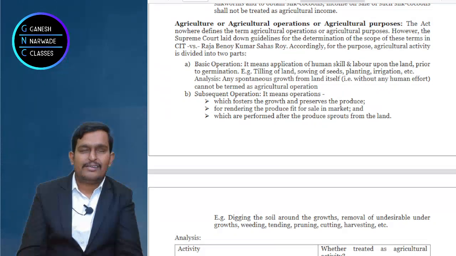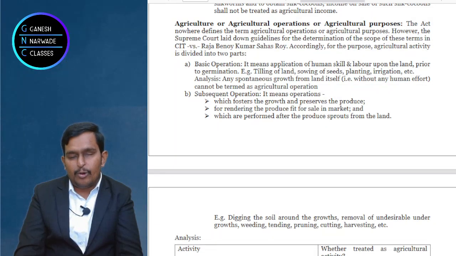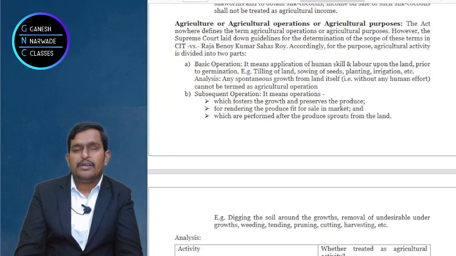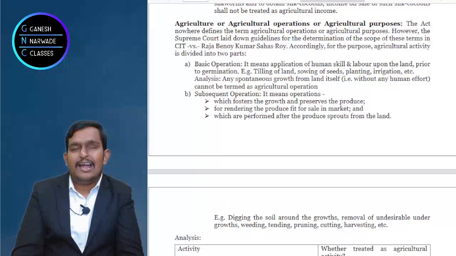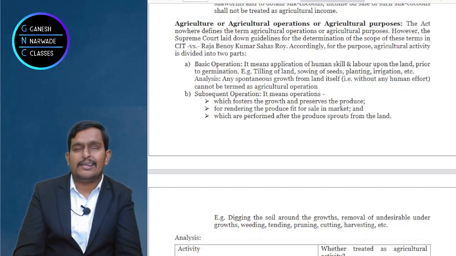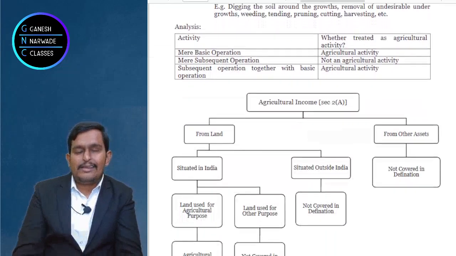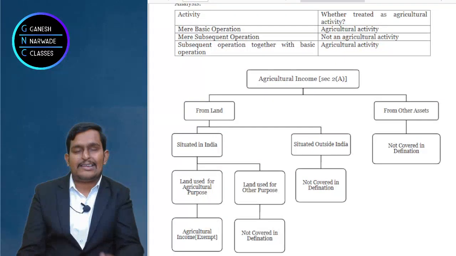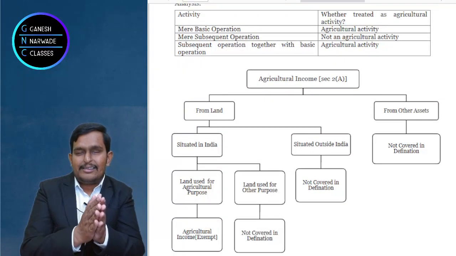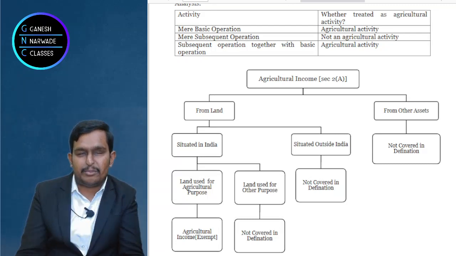Keep in mind, this long chart you will see and you will feel, अरे यार बहुत लंबा chart है. The essence I'll tell you out of this chart: what they said is that if the agricultural activity is in India, then only it is agricultural income.